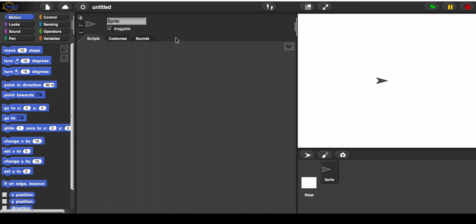I'm going to go ahead and put this together real quick. Set pen color, pen down. Then we're going to go motion, move 10, turn 90. So I'm going to copy and duplicate this four times.